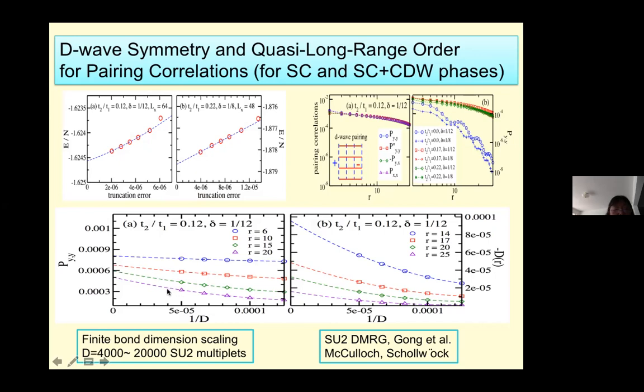Then the scaled data has much enhanced pairing correlation for longer distances, indicating the loss of convergence at longer distances. Then we also show similar scanning of the correlation for the density correlations.